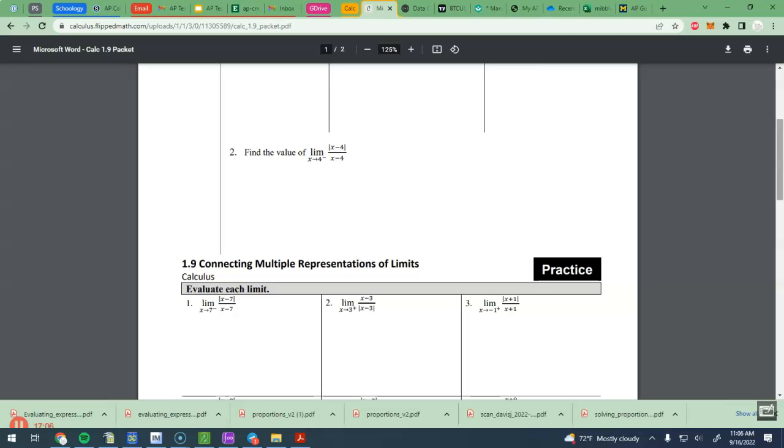I think in the notes he used like 3.999 and 4.001 from the other side. You don't even have to get that close to it. You could use like 3.9 even, and just plug it in for x. And then we're going to see what happens.